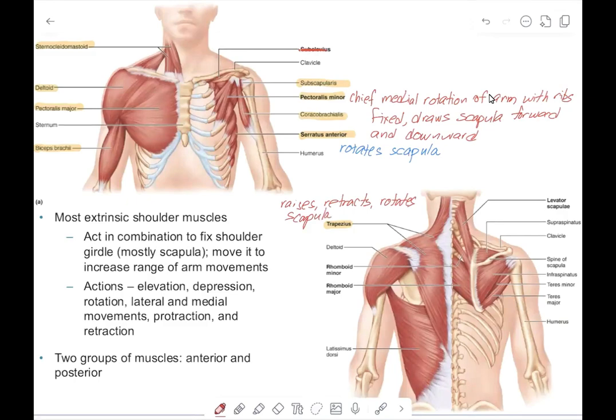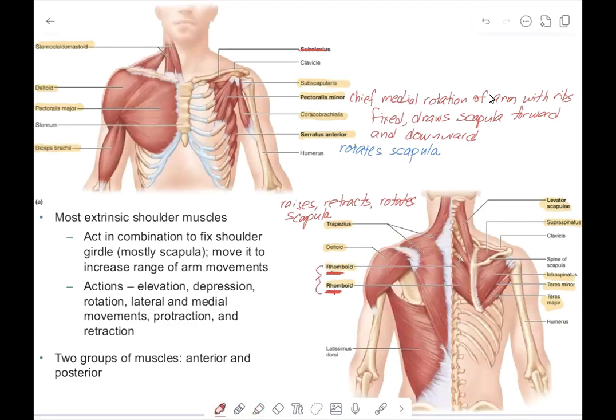So we see a lot of muscles in this area that are all going to work on the scapula. We've already talked about the levator scapula, the supraspinatus, infraspinatus, teres minor, and teres major. We've talked about the deltoid. And the next group of muscles is the rhomboids. Remember, you don't have to know the difference between major and minor.